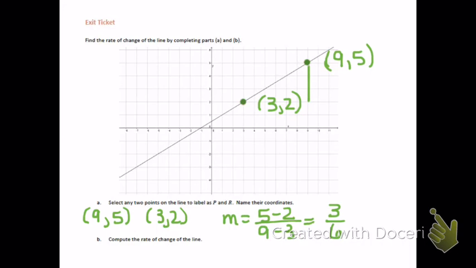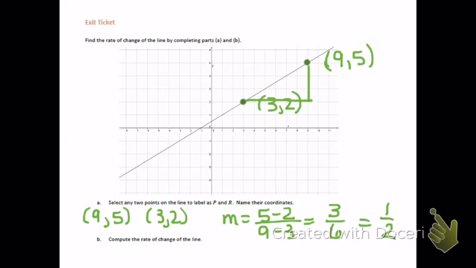And the difference in the x coordinates, which is 9 minus 3 down here, which gives me this distance of 6. And I noticed that the slope is 5 minus 2, which is 3, divided by 9 minus 3, which is 6, which is 3/6, which could be simplified to 1 over 2, or 1/2.